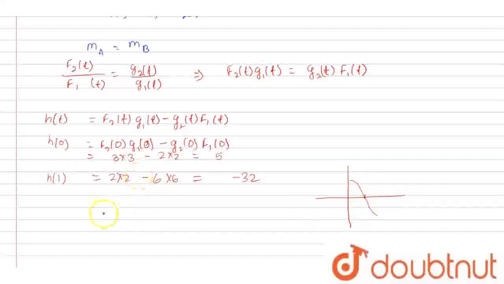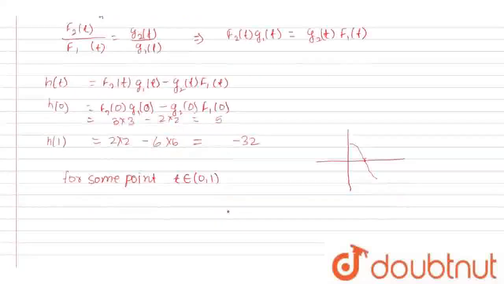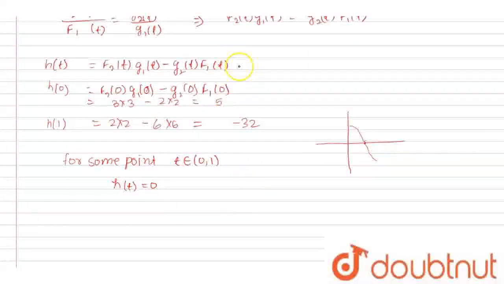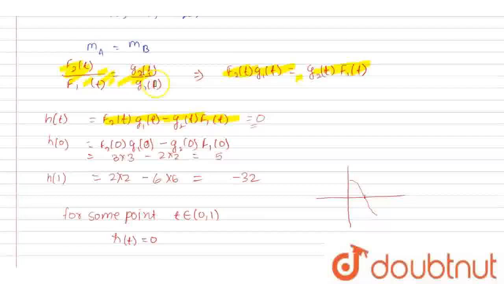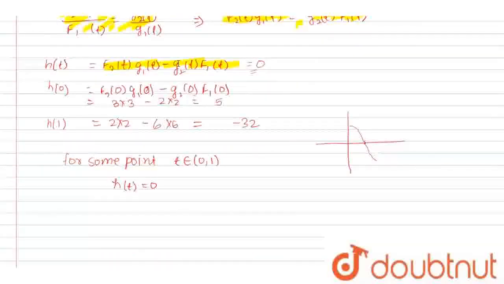So we can say that for some point t belonging to 0 to 1, h(t) is 0. If h(t) is 0, then this equation is also equal to 0, so this condition is true. If this is true, then we can say that vectors A and B are parallel to each other. This is what we have proven.